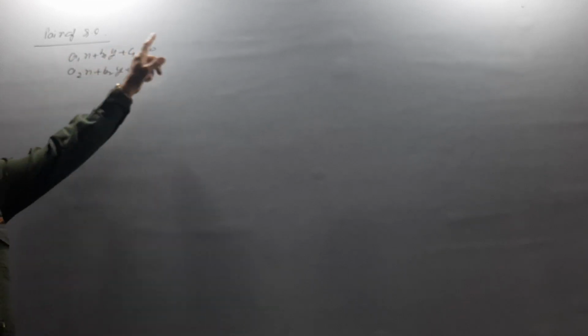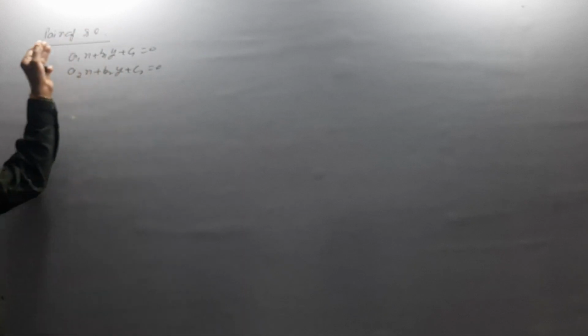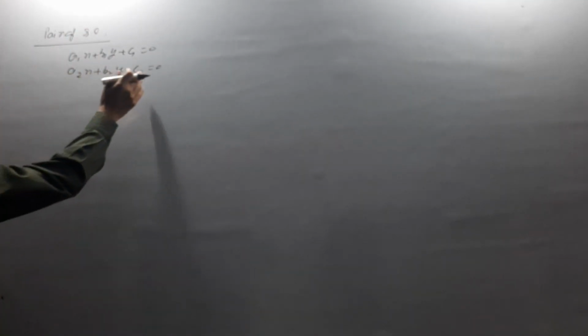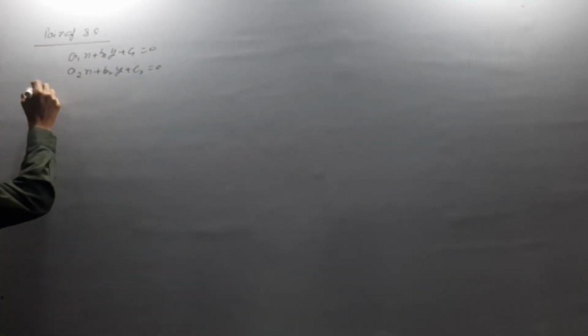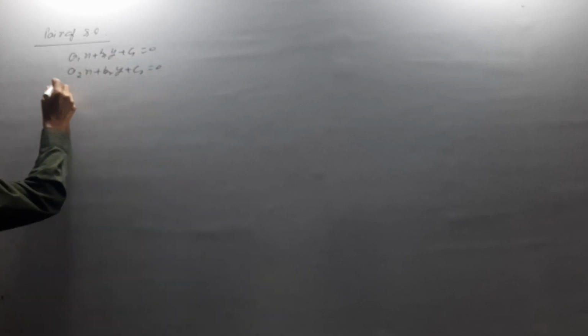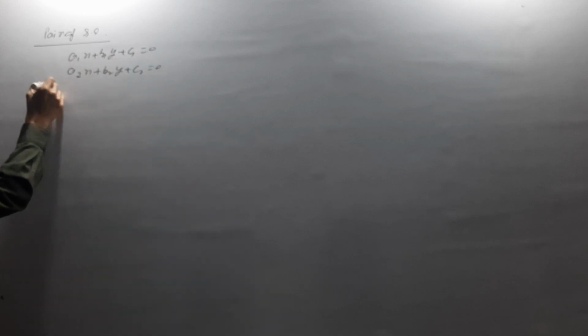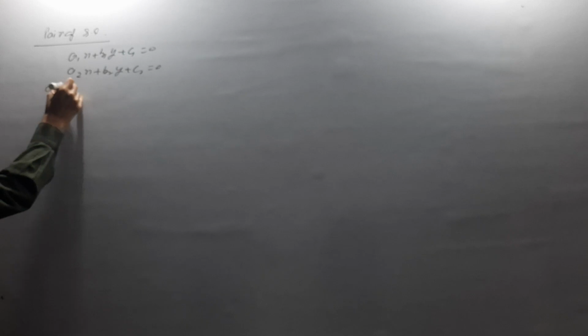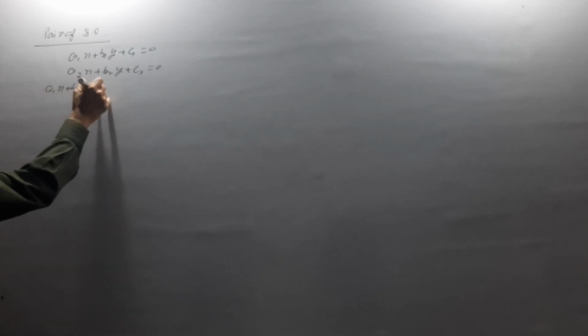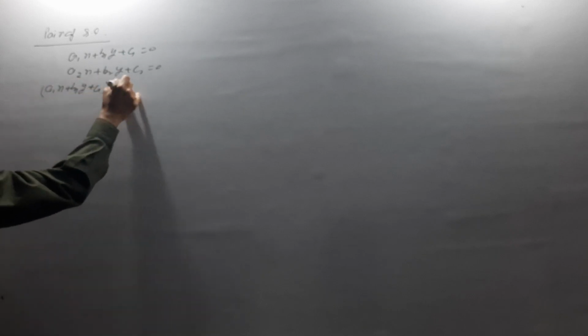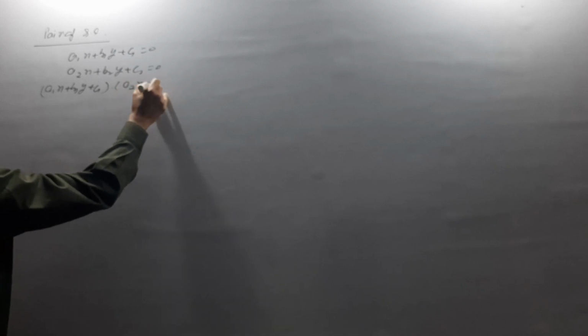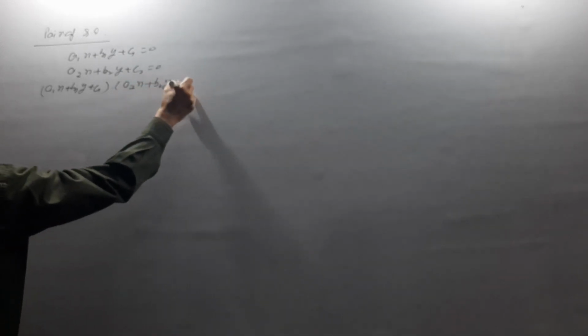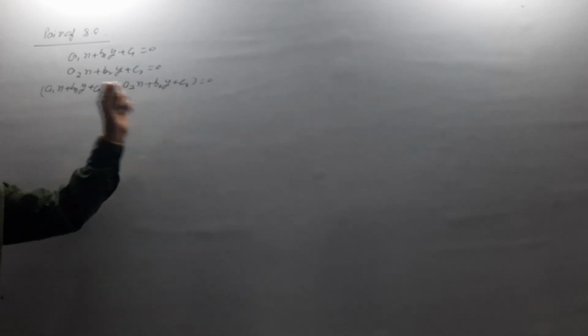If any term is on the other side, transfer it to the LHS, so that all terms are on the left hand side and the right hand side is 0. Now multiplying them, (a1x plus b1y plus c1) into (a2x plus b2y plus c2) is equal to 0. This is a pair of straight lines.